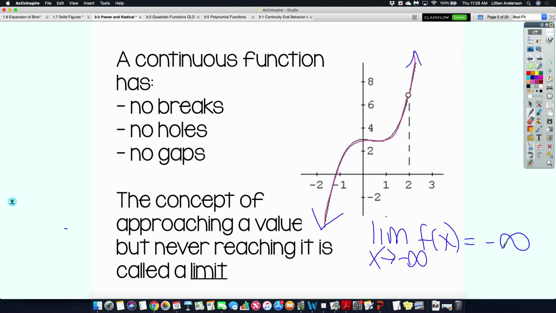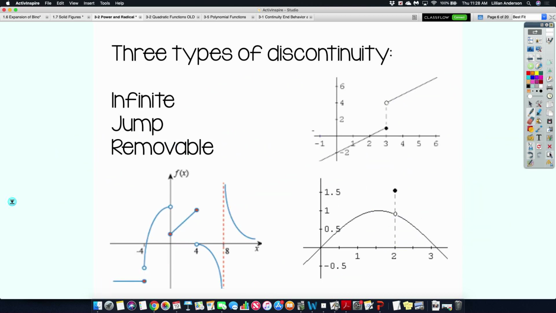You have to write this entire sentence to describe the left end behavior. To describe the right end behavior, you have to write this entire sentence. What is it? Positive infinity. So it's just going to be the direction that it's going. You got to look and see exactly what's happening. Not so much the direction, but more so what's happening to the y value. Is it increasing without bounds? Is it decreasing? Is it leveling out?